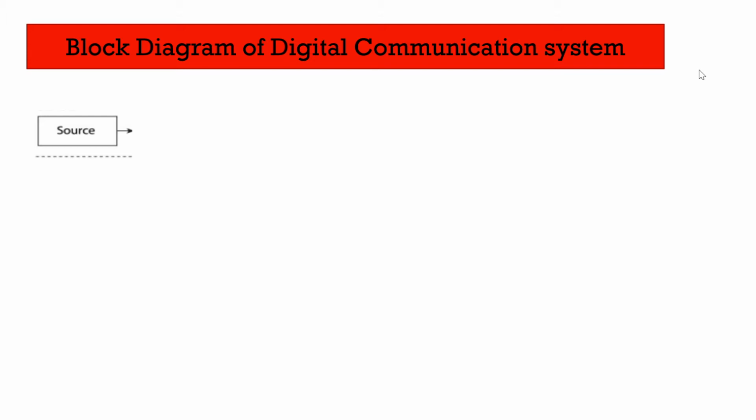So when we try to understand about the source, it is nothing but the information source. It may be analog or it may be discrete.